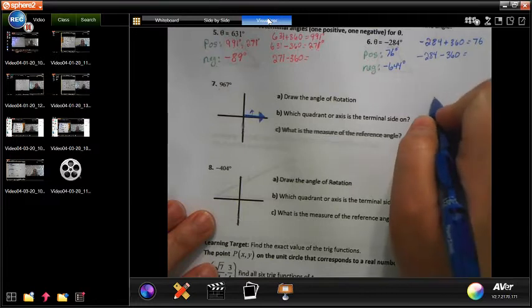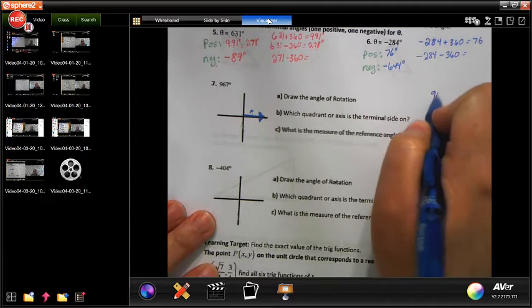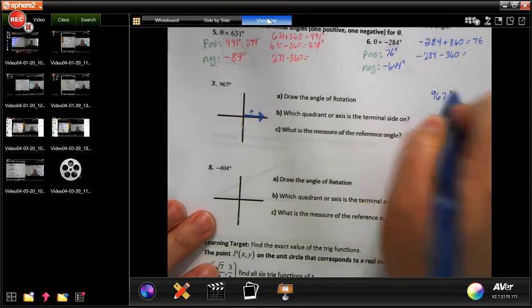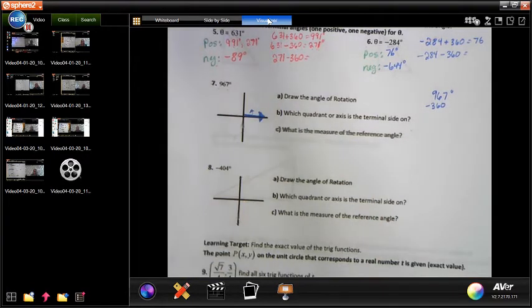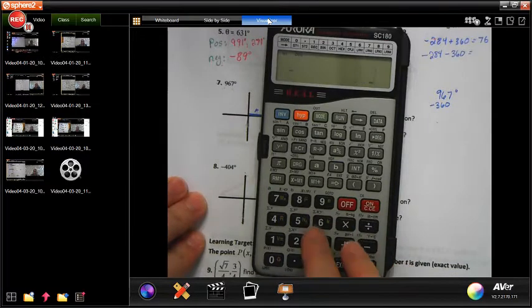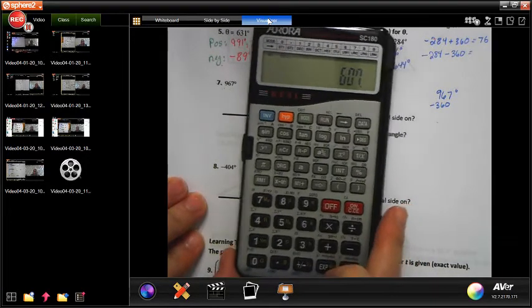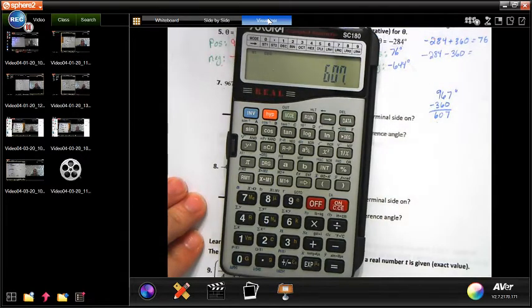So 967, I'll do the work over here. We're going to subtract 360 until we know where it lands. 967 minus 360 is 607, which is still too big to do on the unit circle.